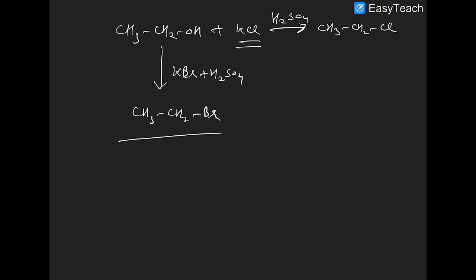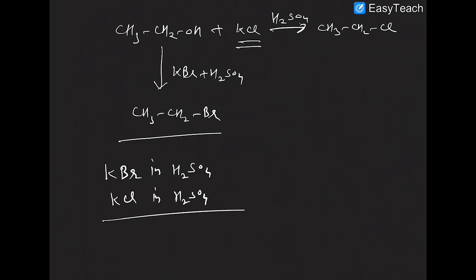So please memorize this point very well: KBr in H2SO4 and KCl in H2SO4 can be used as brominating agent and chlorinating agent respectively. That is very, very important.